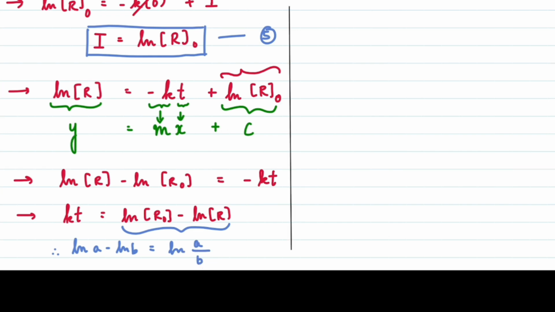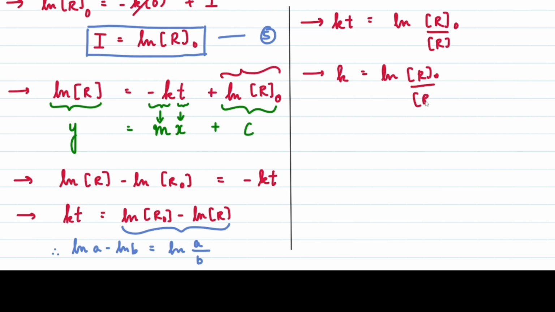So by using this formula, we will get kt is equal to ln r naught by r. Now I'm going to take this t to the other side, so I'll get k is equal to 1 by t ln r naught by r.